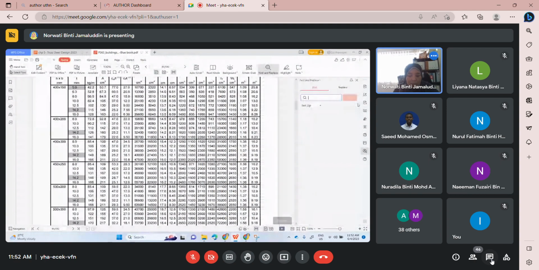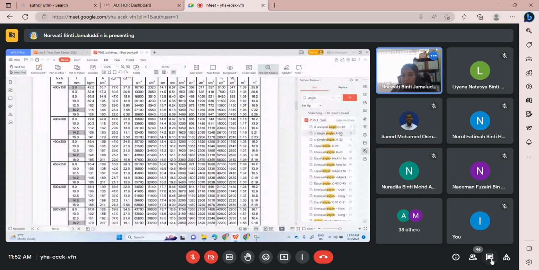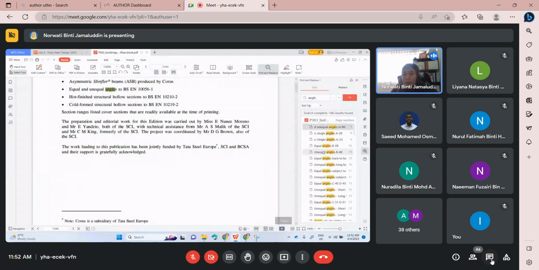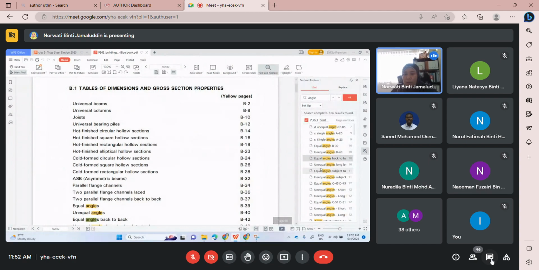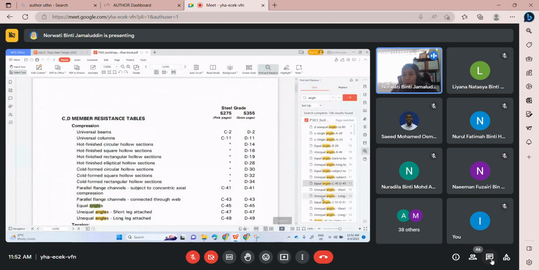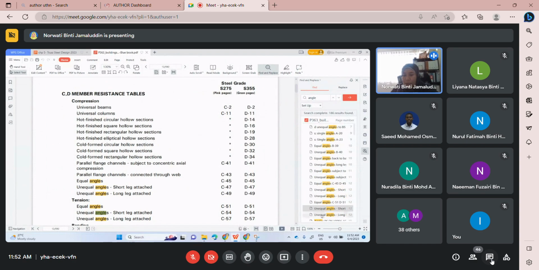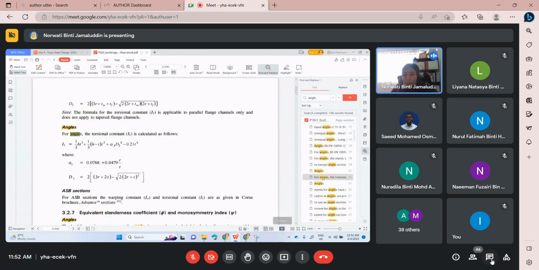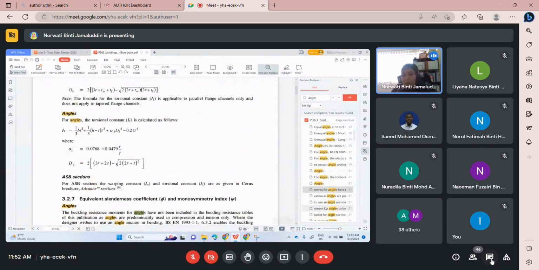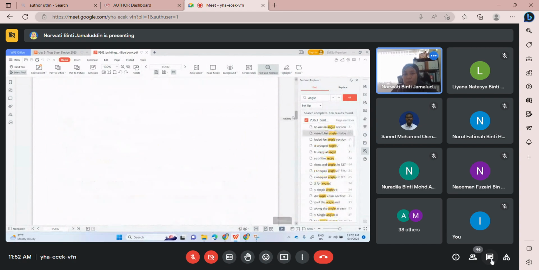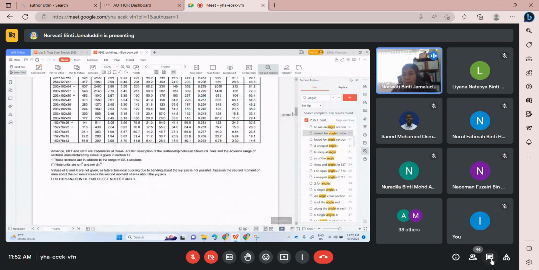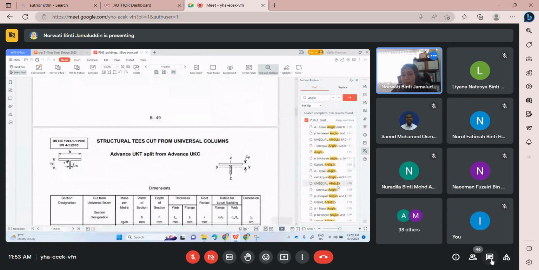Okay, angle. You can choose equal angle or unequal angle. It is up to you, but I think unequal angle is much more suitable. Yeah. Mana? Oh, banyak sangat.